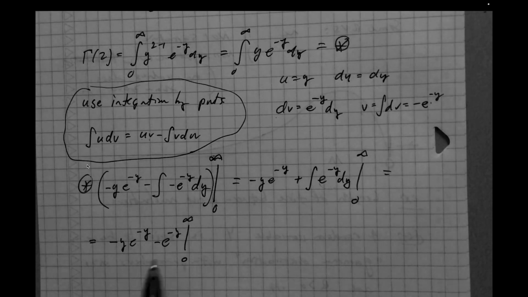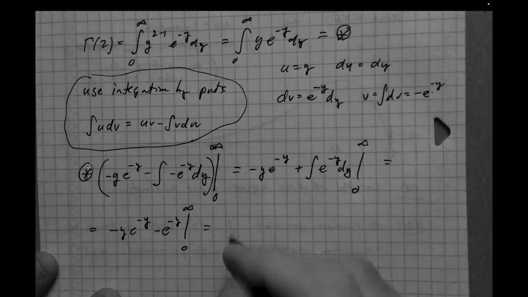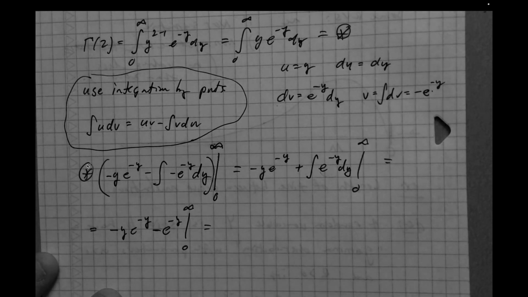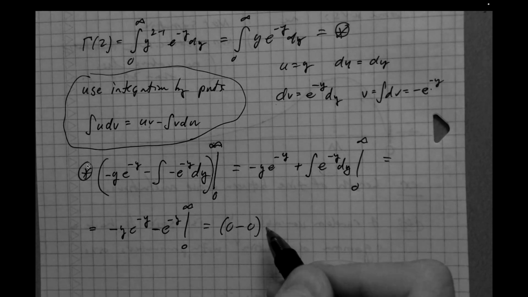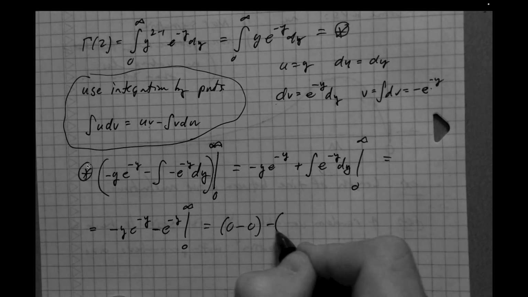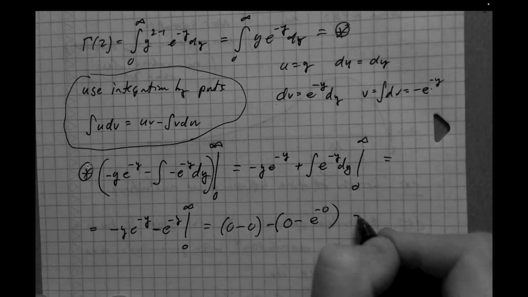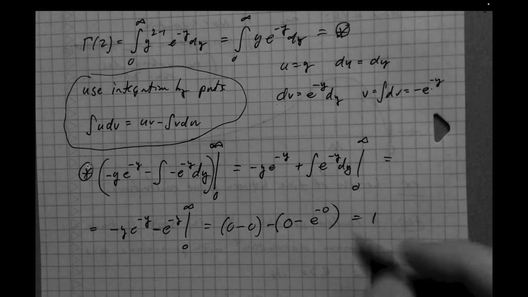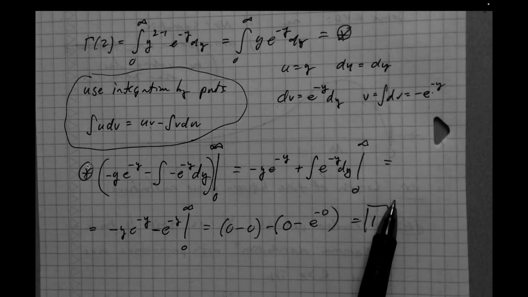It's really the same story as before. So we plug in, and we end up with 0 minus 0, minus 0 minus e to the negative 0. Of course we get a 1 there; this is 1, everything else is 0. And so for gamma 2, the value is 1 also.